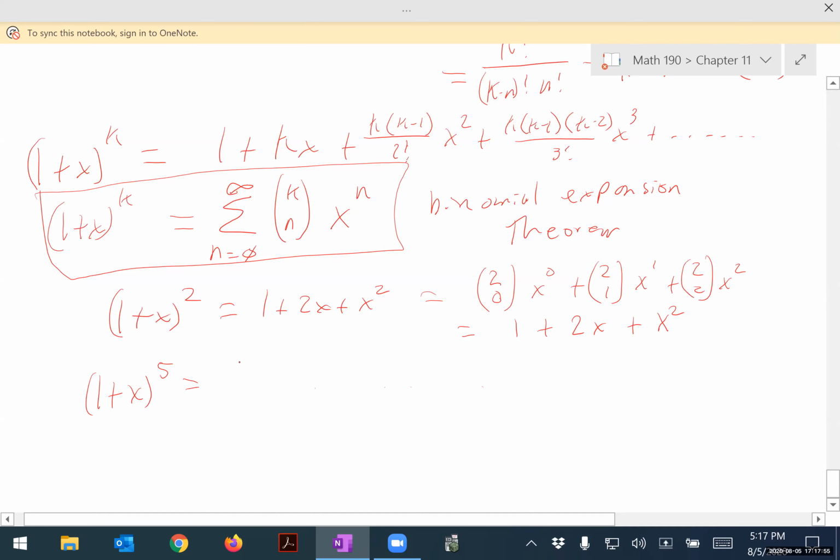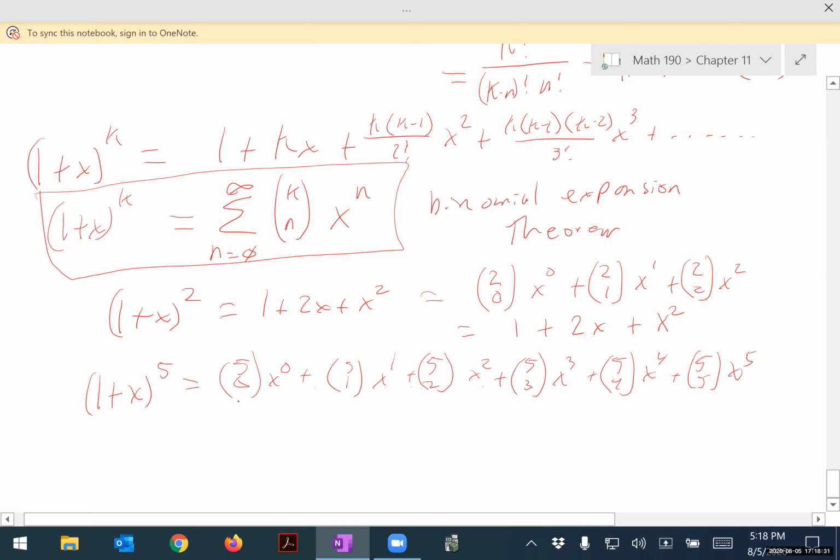It's going to be out of 5, choose 0, x to the 0, plus out of 5, choose 1, x to the first, plus out of 5, choose 2, x to the second, plus out of 5, choose 3, x to the third, plus out of 5, choose 4, x to the fourth, plus out of 5, choose 5, x to the fifth. So 1, 2, 3, 4, 5. Yeah, I should have only had 6 terms.